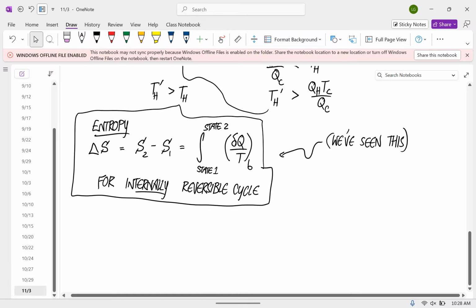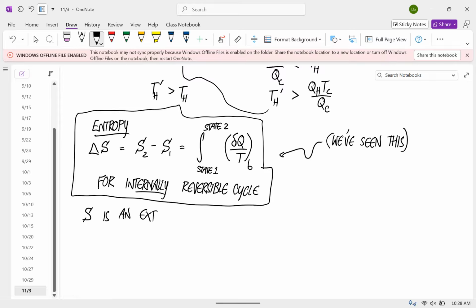Capital S is an extensive property. And the units are units of energy divided by units of temperature.